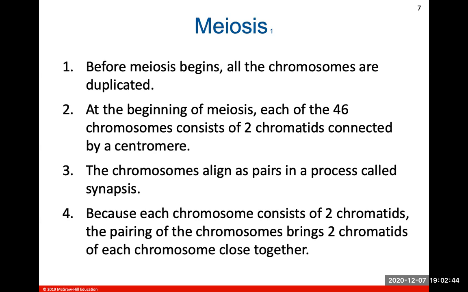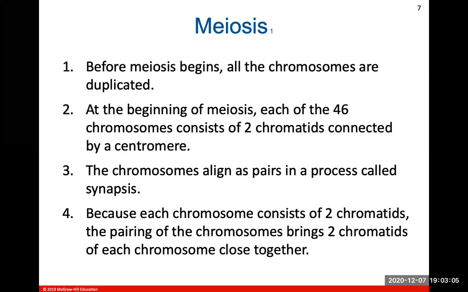Before meiosis begins, all the chromosomes are duplicated. And again, meiosis is what will lead to the production of these gametes, whether they're egg or sperm. At the beginning of meiosis, each of the 46 chromosomes consists of two chromatids connected by a centromere. The chromosomes will align as pairs in a process called synapsis.